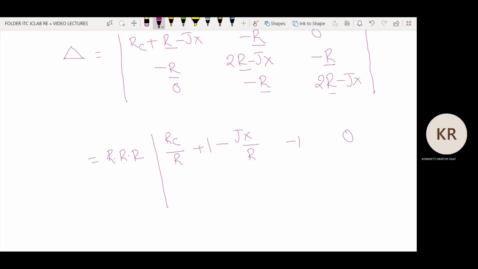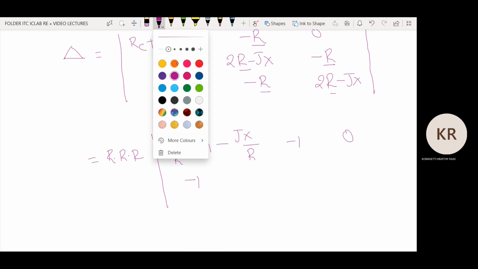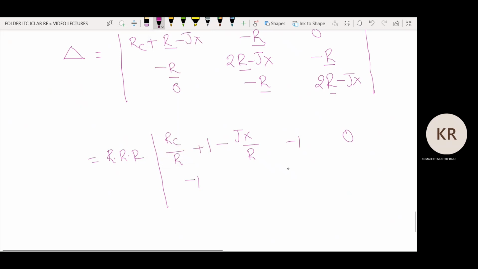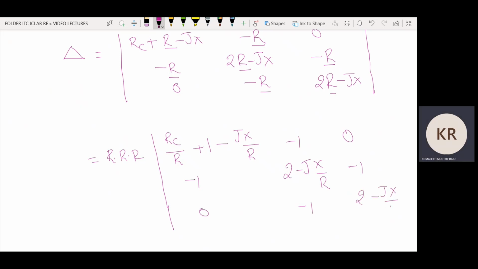Similarly minus 1, and 2R is common, so 2 minus jX by R. Third row: 0, minus 1, 2 minus jX by R.